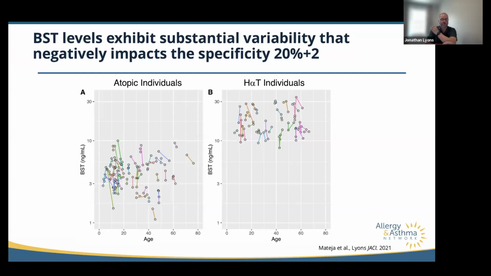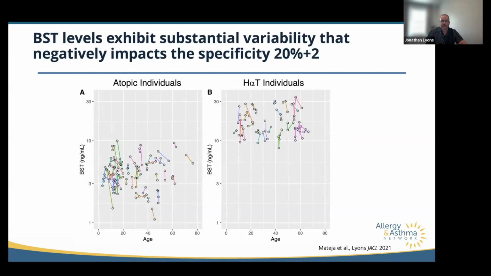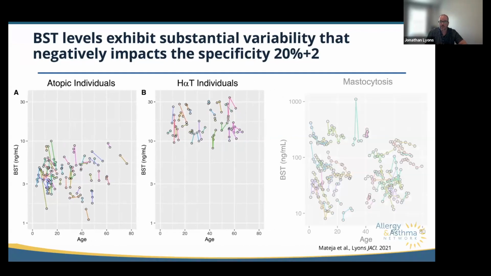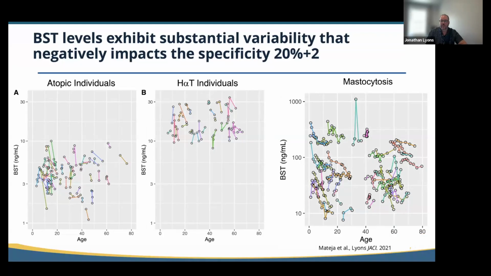It's showing by age, so you can see each individual over time, but also the cohort as a function of age. I hope you can appreciate that there's no real trend by age or time. These levels kind of go all over the place. The same is true among patients with mastocytosis. They go all over the place even more, including this person where it went from the hundreds to over 1,000 and then back down again, despite having no acute symptoms.